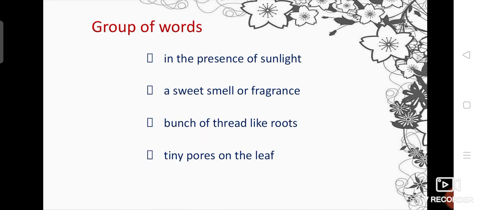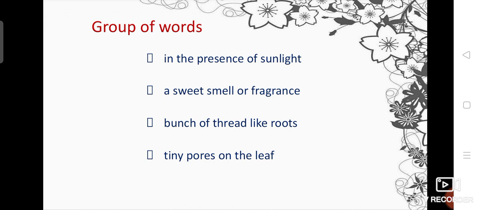The next topic, group of words. The first one, in the presence of sunlight. A sweet smell or fragrance. Bunch of thread-like roots. That is nothing but fibrous roots.